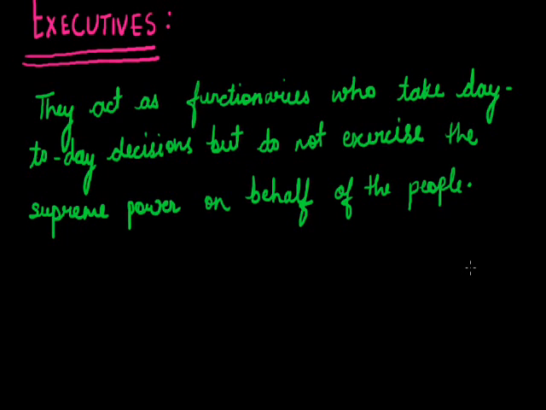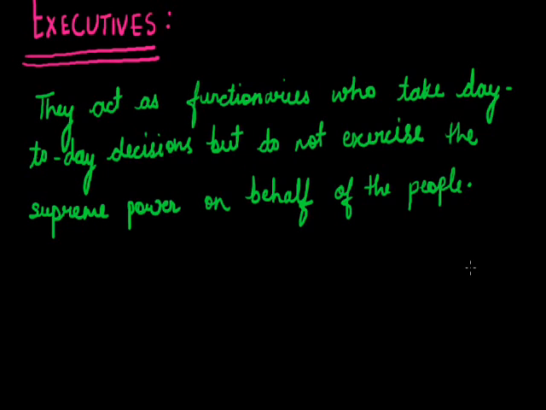Now here, because the officers signed the order, this does not mean that the decision was taken by them. The decision was taken by the legislature only, and the officers put the decision of the legislature into action.